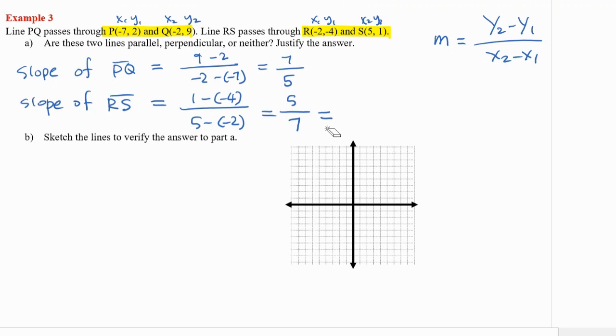So 5 over 7. Okay, obviously they are reciprocal, but not a negative reciprocal. So therefore there's no relationship. So we say neither.